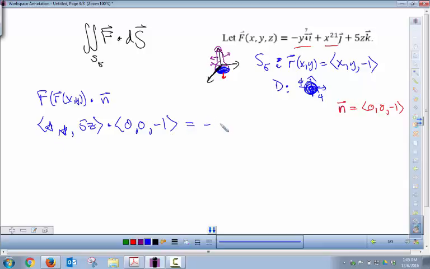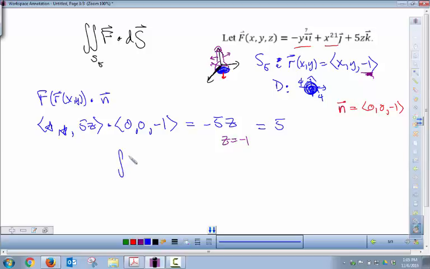So this is negative 5z. Now what's z equal to? Z is equal to negative 1. So this gives us positive 5 for our double integral.